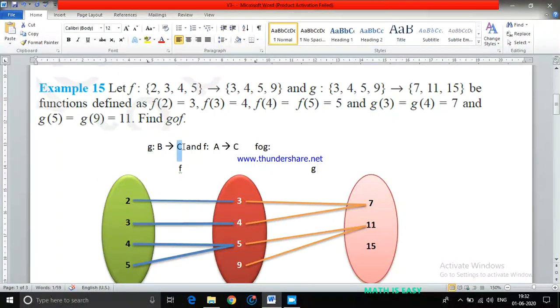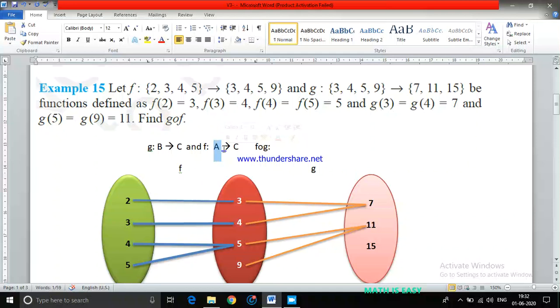The codomain of the function G must be same as the domain of the function F. Do you think the set C and the set A will be same? If they are same, yes, you can find FOG. If they are not same, you cannot find FOG.